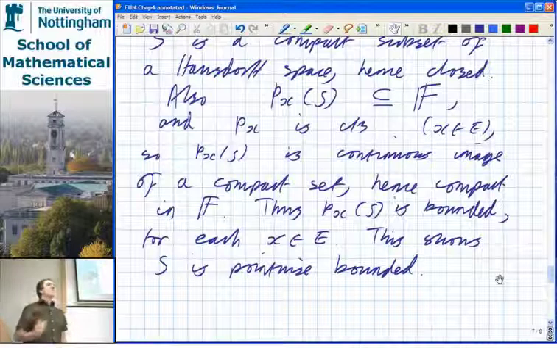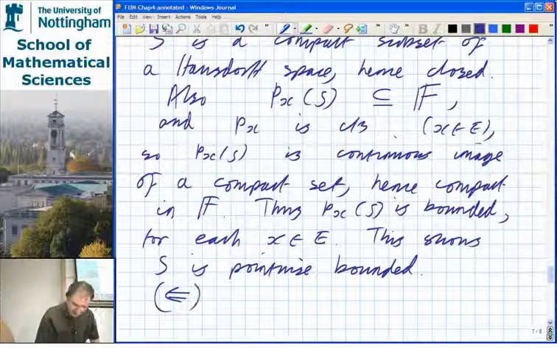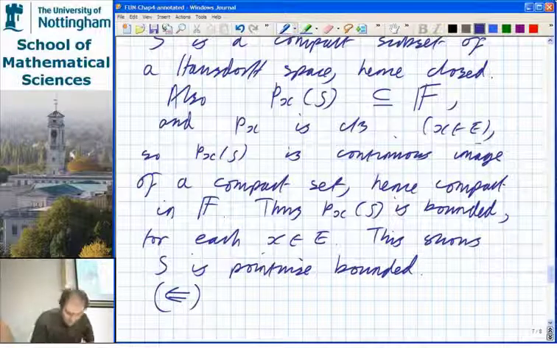Okay, we didn't need Tikhonov's theorem yet. Tikhonov's theorem is for the other direction. So now, suppose that S is closed in F to the E and pointwise bounded.